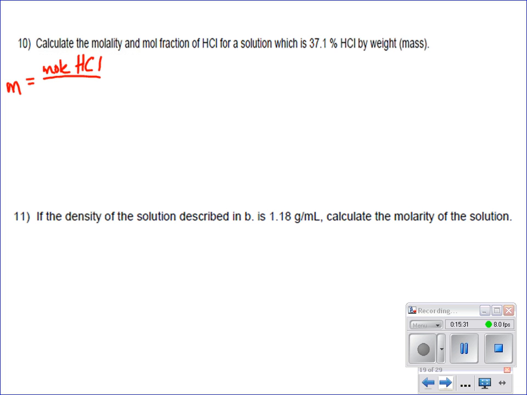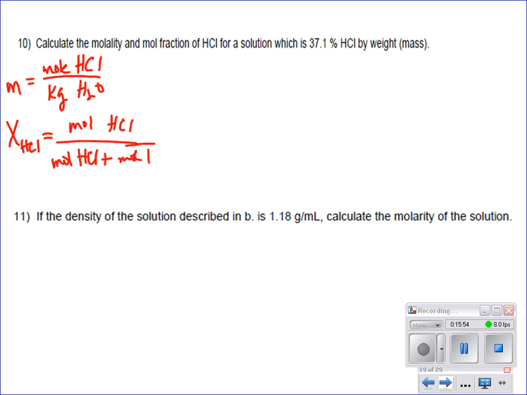HCl over kilograms, and if it doesn't say, you assume what solvent? Water. So we need to find that information. If we're finding mole fraction of HCl, what are we looking for? Moles of HCl over all moles, which is HCl plus moles of H2O.